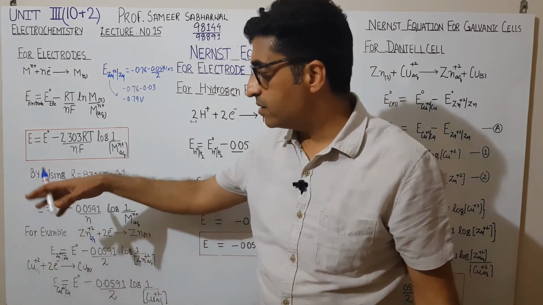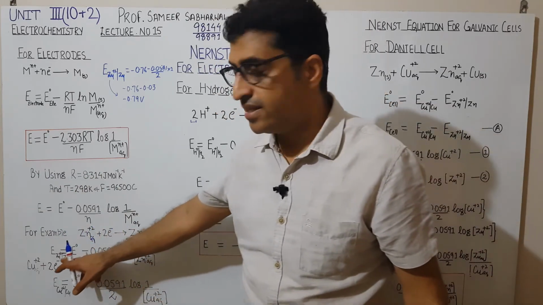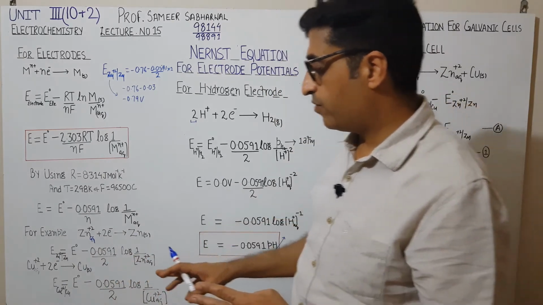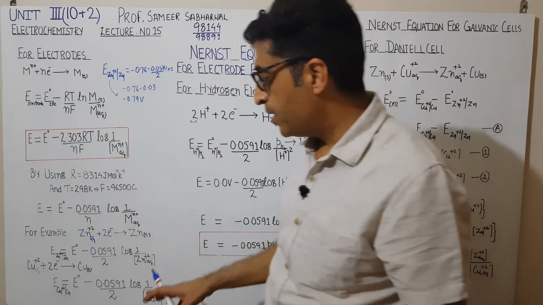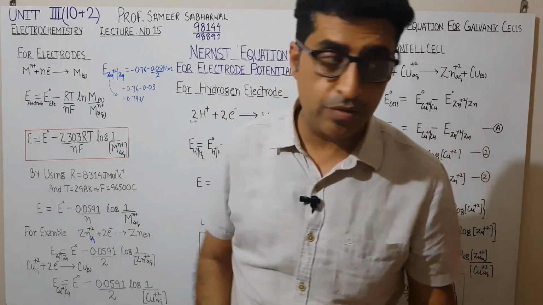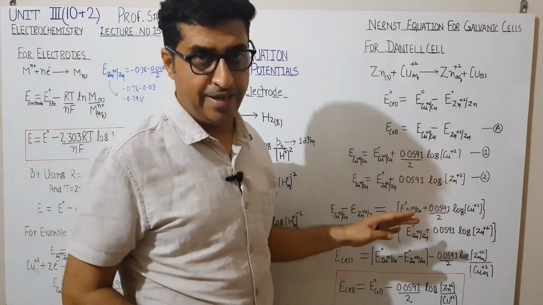And for zinc, it is written here, zinc ion plus 2 electrons to zinc. E zinc ion to zinc is E naught zinc ion to zinc minus 0.0591 by 2 log of 1 over zinc ion. Okay? Now you simply put down the values of E copper ion to copper and E zinc ion to zinc in this equation, okay, and solve it, simplify it.